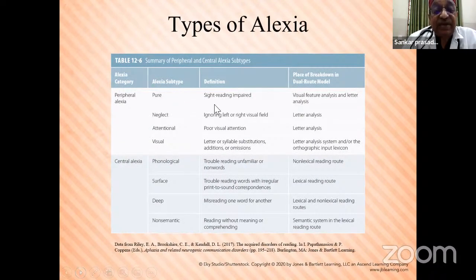Peripheral alexia subtypes are pure alexia, with impaired sight reading, visual feature analysis and letter analysis, neglect, left or right visual field, occipital cortex lesions, attention, and visual letter to syllable substitution, the phonology.